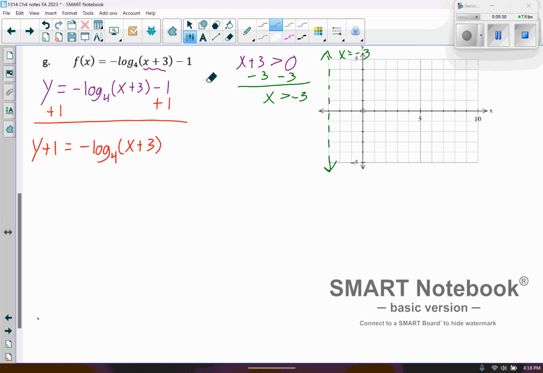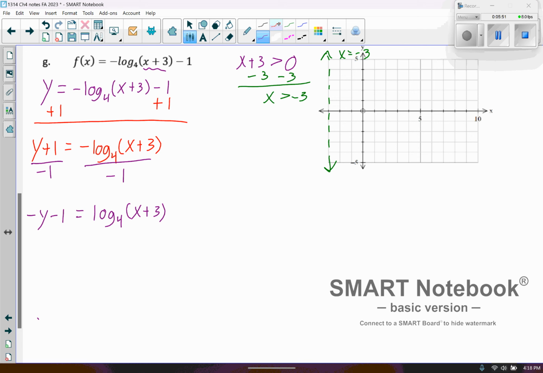To deal with that negative in front, I'm going to divide both sides by -1, and that causes a sign change of everything. So now this will be -y minus 1 equals positive log base 4 of x plus 3.